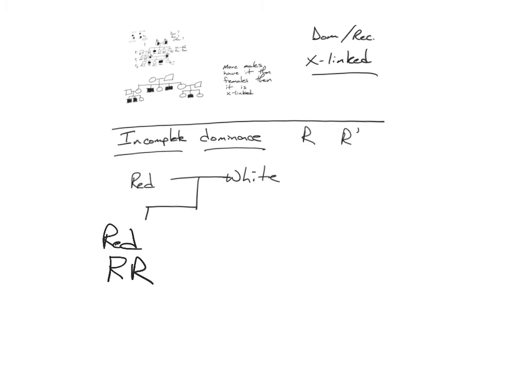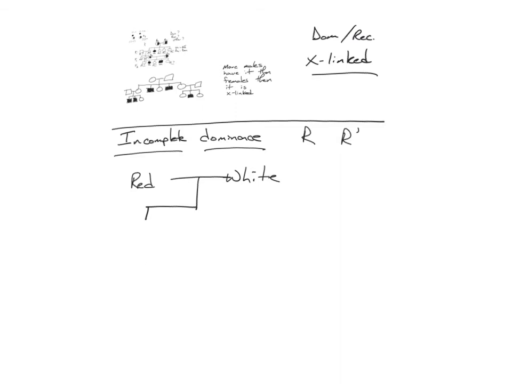See, this would never happen. So let me clarify. You would never get this. These two could never come together and form a red flower. All of them would be pink, is correct.